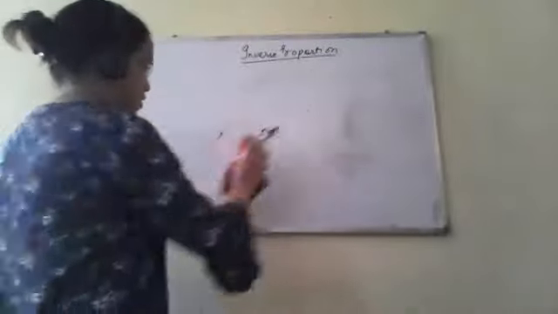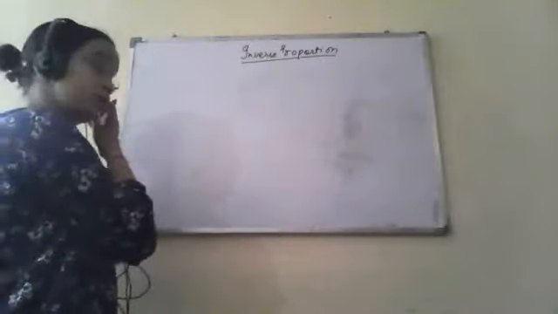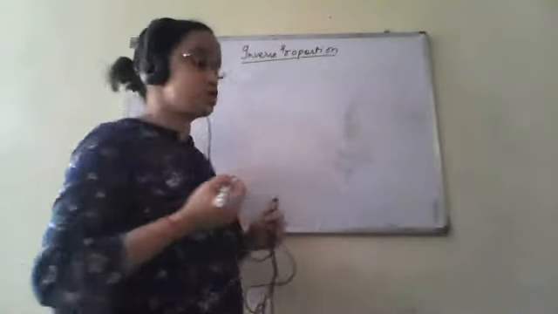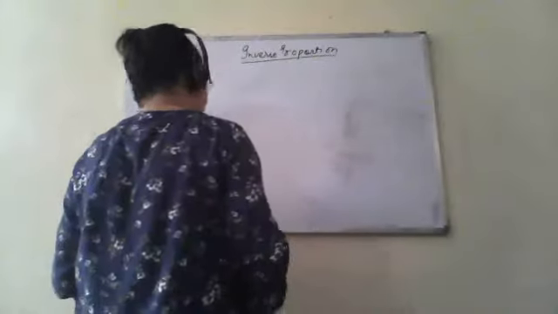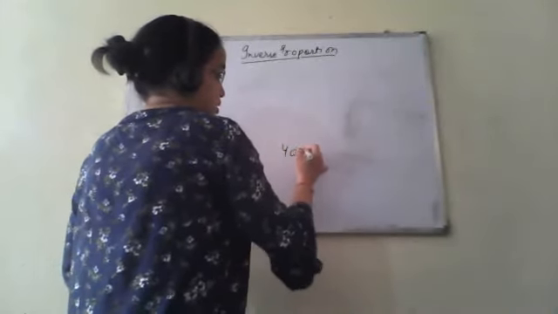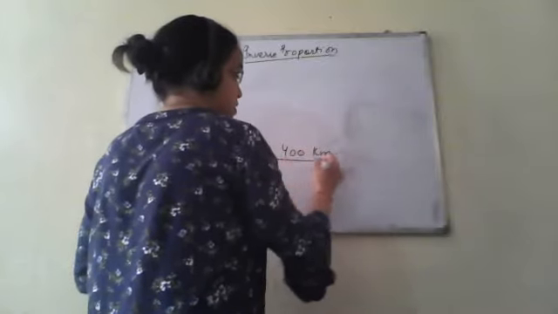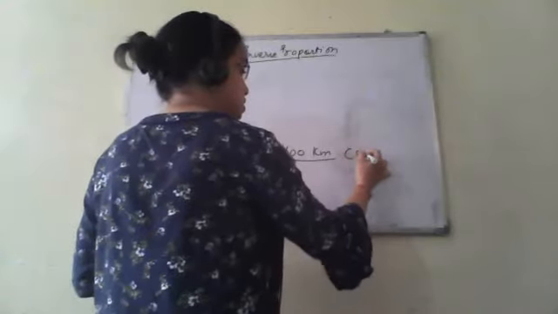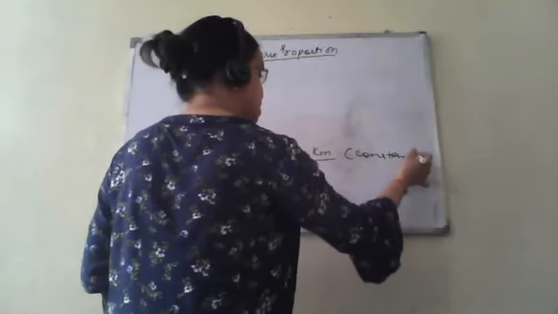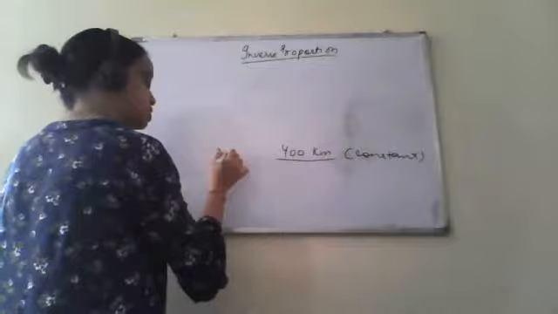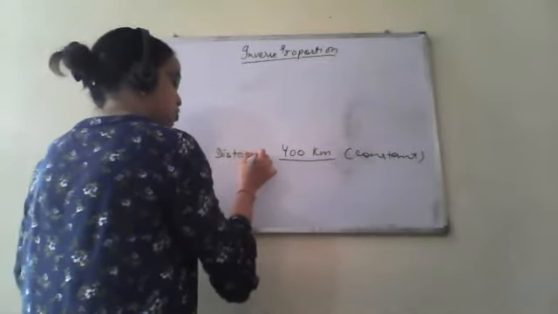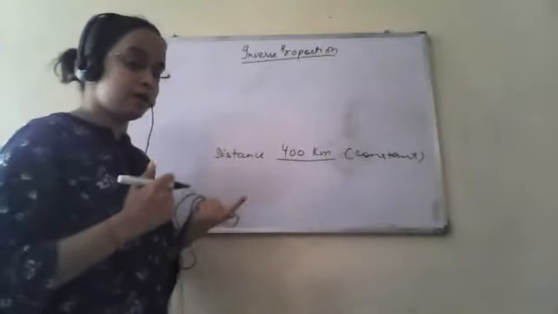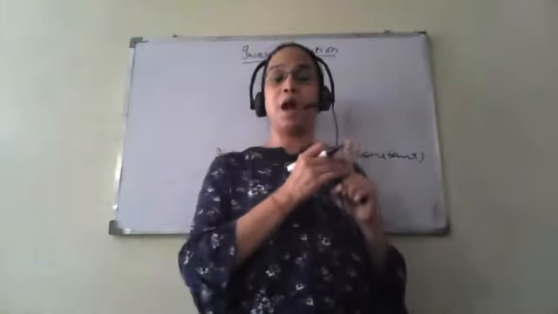So we will understand with the help of an example. Suppose we have to cover a distance of say 400 kilometers. This distance has been fixed. This distance is constant. Now we are assuming two things, speed and time.